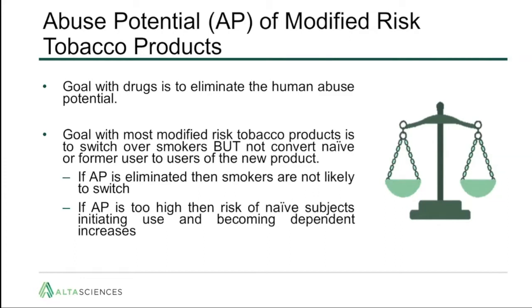If it were, the smokers would not likely be switched to that product. So the abuse potential needs to be somewhere lower than the current tobacco products in order to switch, but to still have nicotine and to still have the exposure, but reduce the risk of doing so. So the abuse potential needs to be carefully weighed for these types of products.